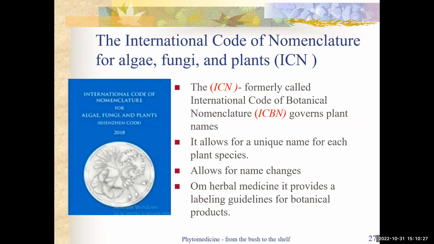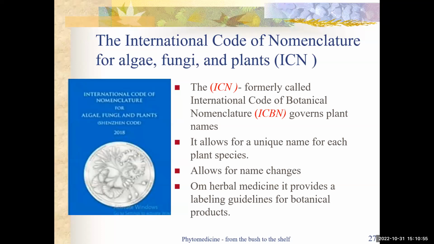Now, what are the rules that govern our naming system? So today we have the International Code of Nomenclature for algae, fungi, and plants. So we call it the ICN. Now the ICN was formerly referred to as ICBN because it was botanical, but you know now what has happened.